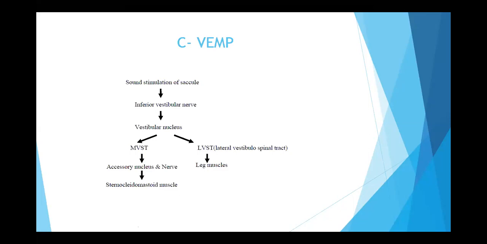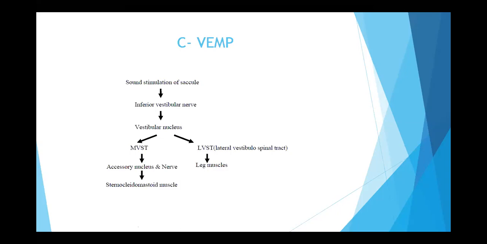So we start giving a stimulus, and this stimulus will reach the saccule. The saccule is connected with the inferior vestibular nerve. We know that the eighth nerve, the vestibulocochlear nerve, has two divisions. One is for the vestibular and the other one is for the cochlear. In the vestibular, we have two divisions, superior and inferior.